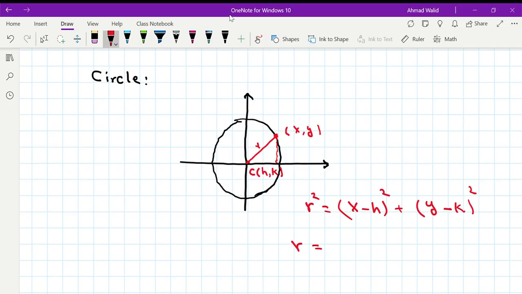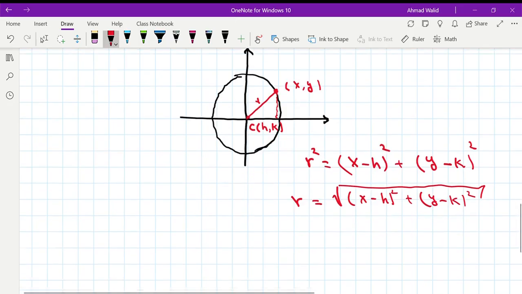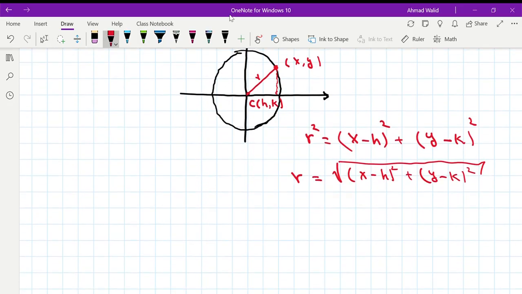You don't even need to do that. But in some cases, we calculate r equals the square root of x minus h squared plus y minus k squared. Both of these formulas, we call them the formula for the circle in standard form.